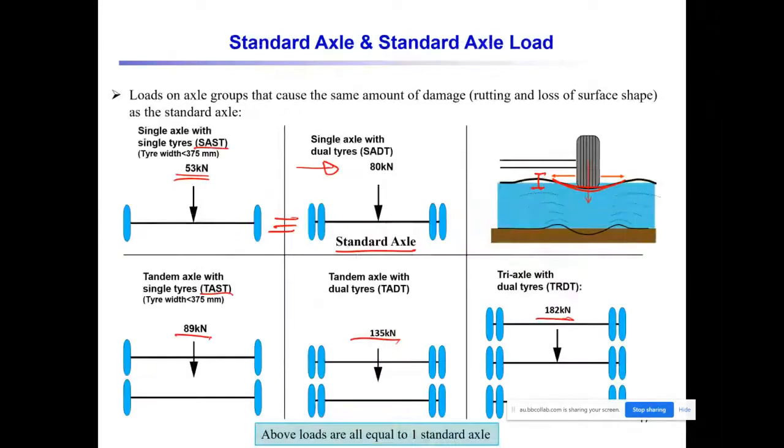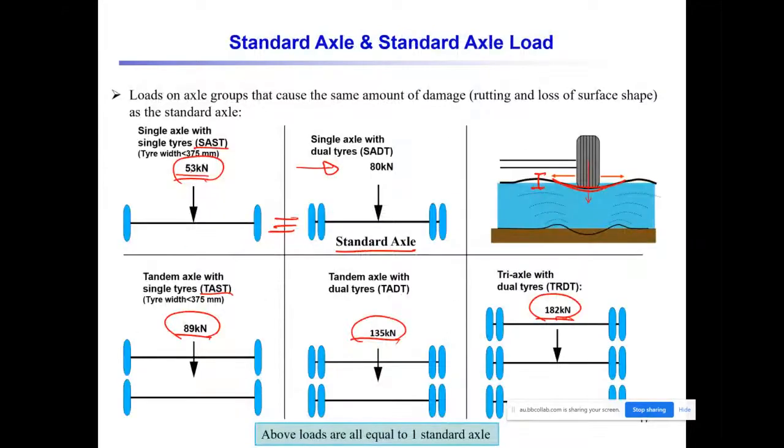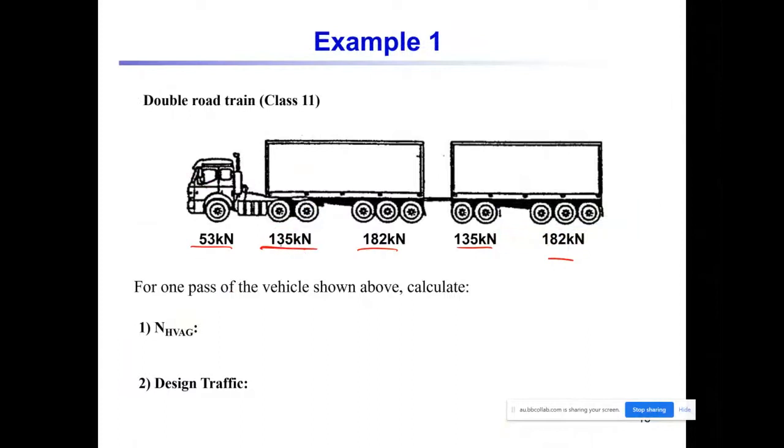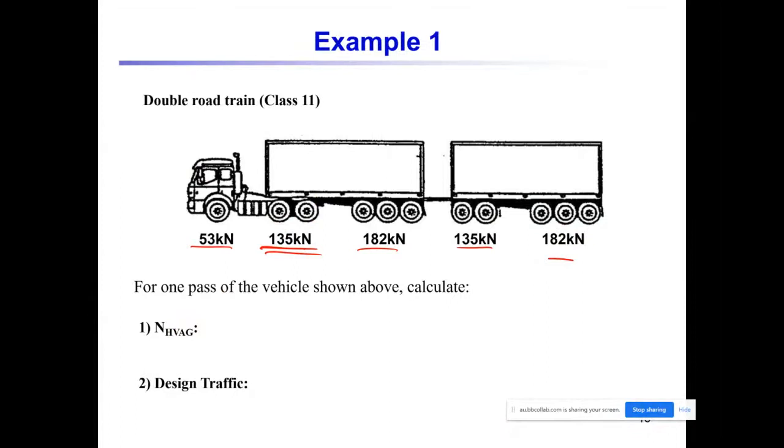As you can see, if you compare it with this one, all these loads are equivalent to the standard loads. So we have 53 for single axle single tire, 135 for tandem axle dual tire, and so on.